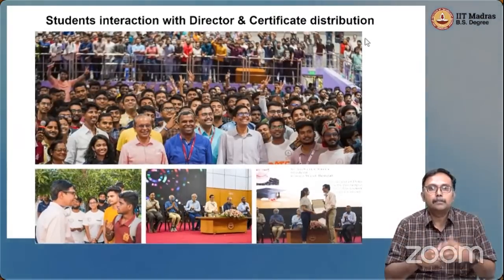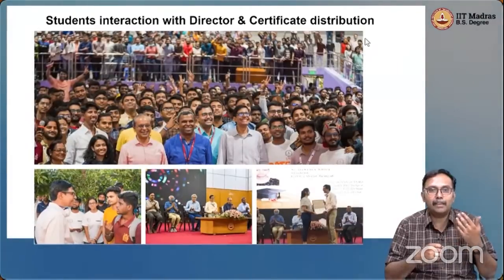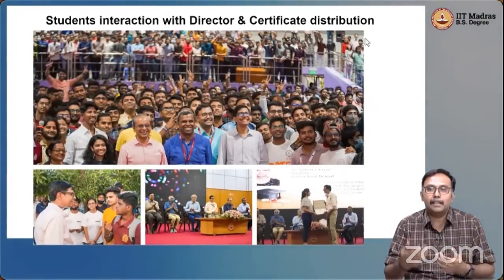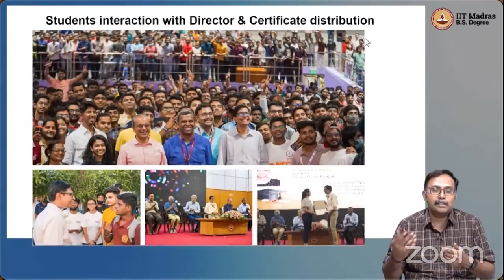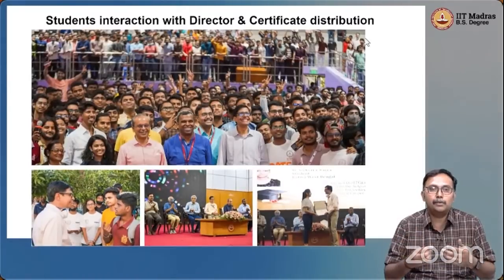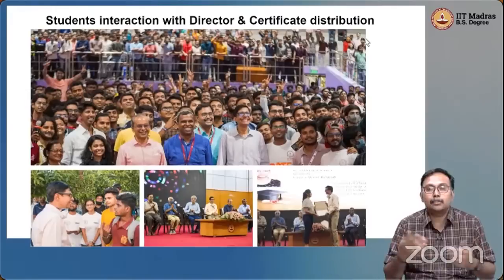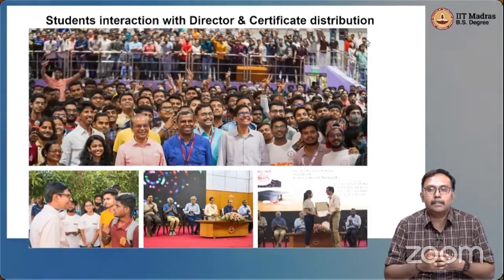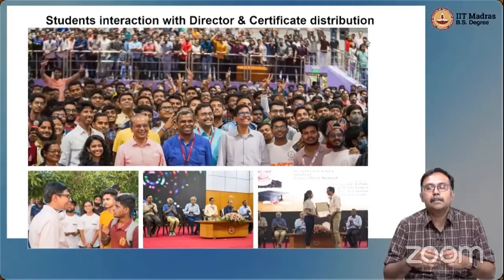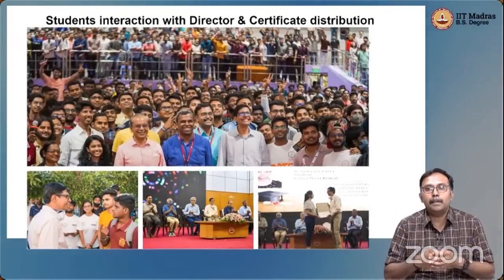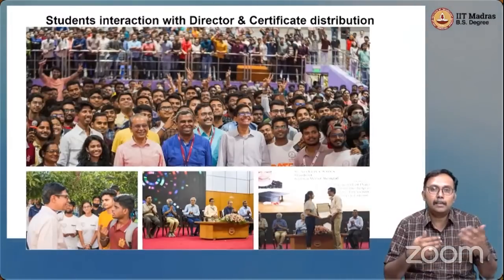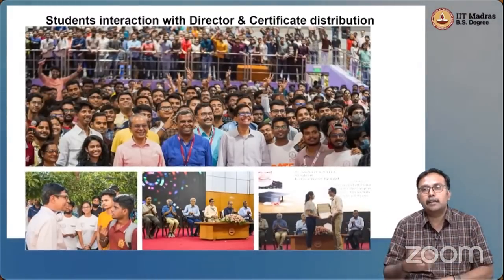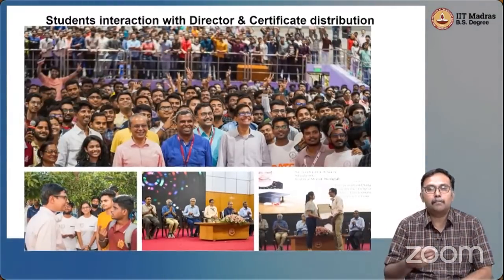As you can see in the images, you have an opportunity to interact with the director one-on-one, and in some cases you also get to spend enough time with the instructor or faculty at workshops. There is also a certificate distribution, which is an official event where students are given the provisional and the final certificates based on the levels they have completed.